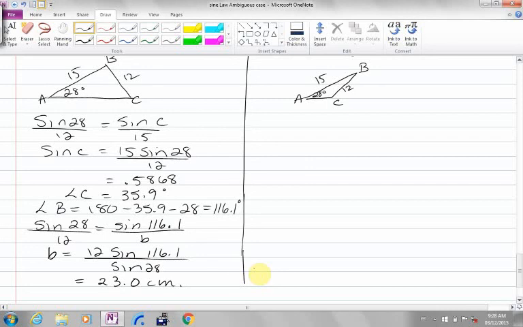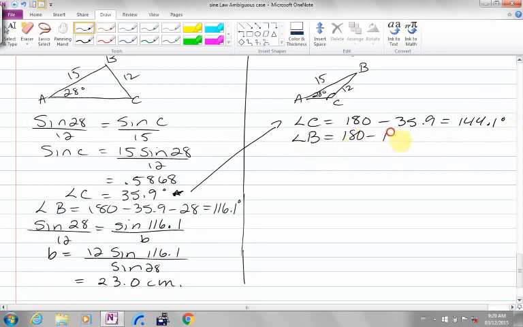Now, angle C is obtuse in the second case, and so we're going to use this value here to find angle C by finding the supplement of that. So we get 144.1 degrees. Angle B is 180 minus 144.1 minus 28.